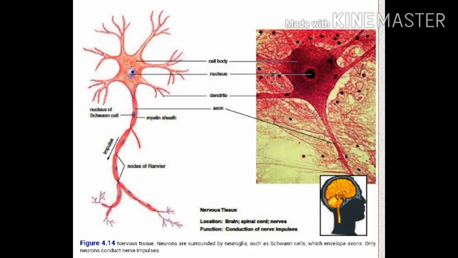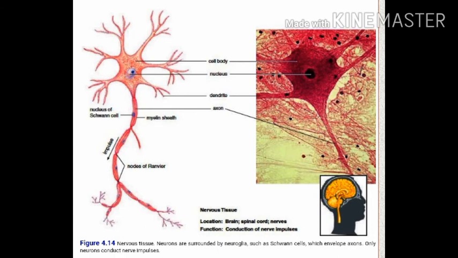The axon is the longest part of a neuron. The axon may be covered by a myelin sheath or the myelin sheath may be absent. In between the myelin sheath, where it is absent, we have certain junctions called nodes of Ranvier.